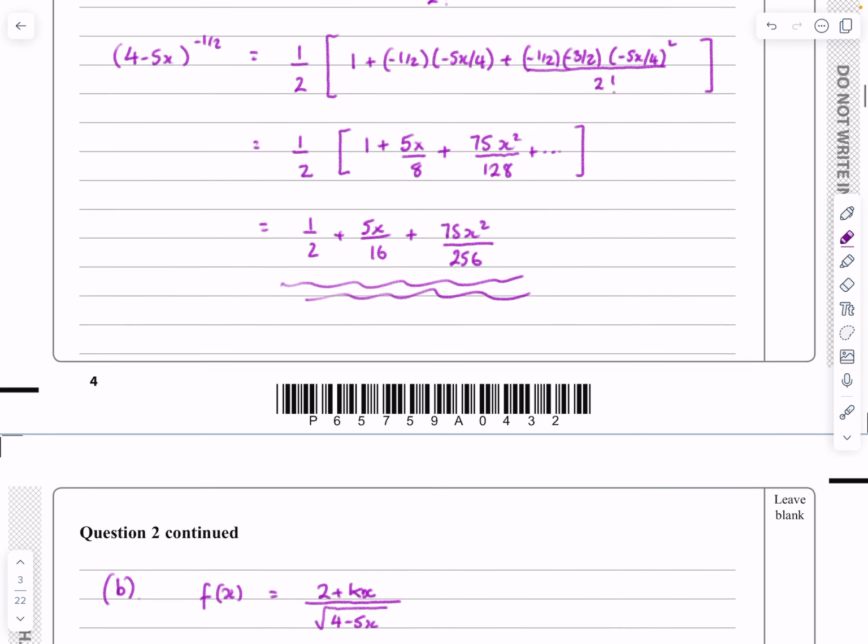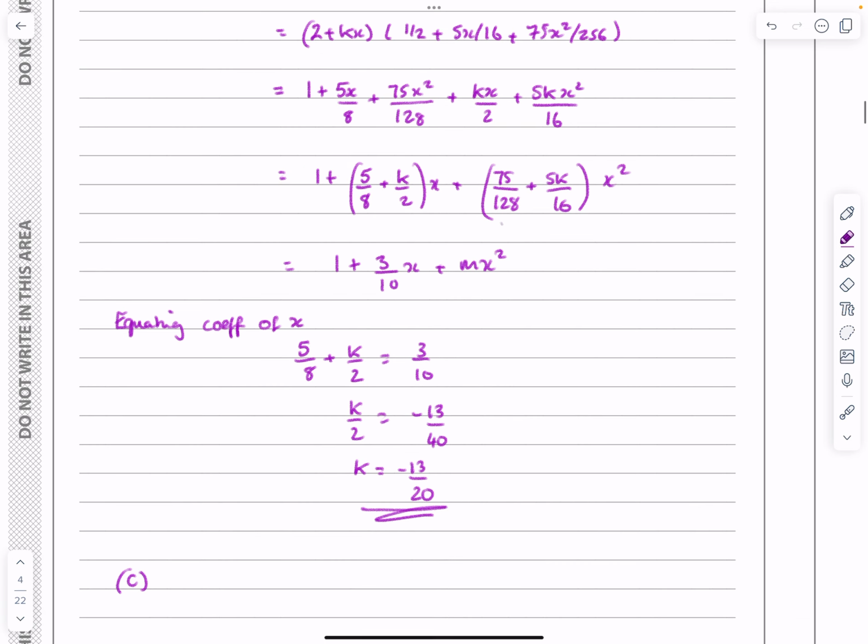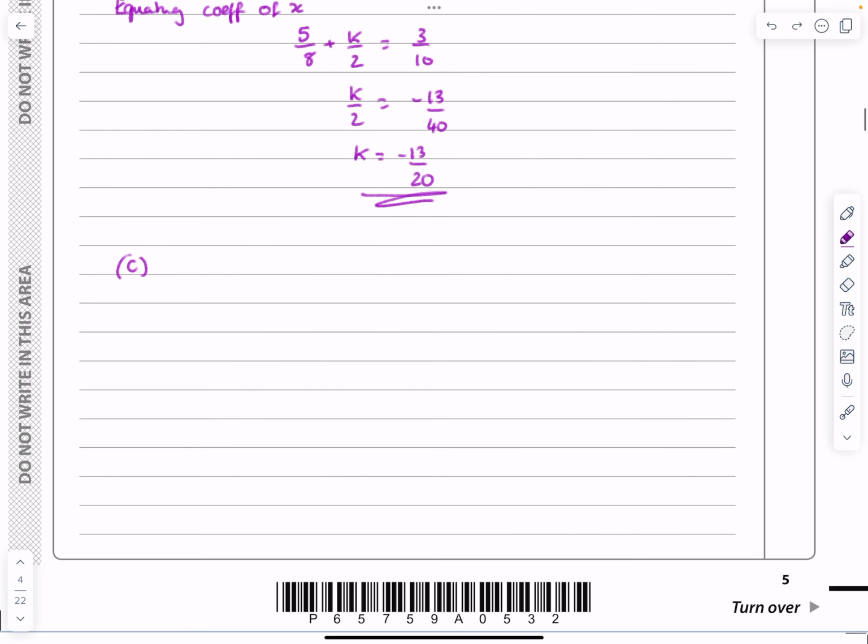And then part C, finding the value of m. In order to find the value of m, again, if we look here, we can now use these 2 bits, remembering that we know what k is as well. So equating the coefficient of x squared this time, I can say that m is equal to 75 over 128 plus 5/16 of k, which is minus 13 over 20.